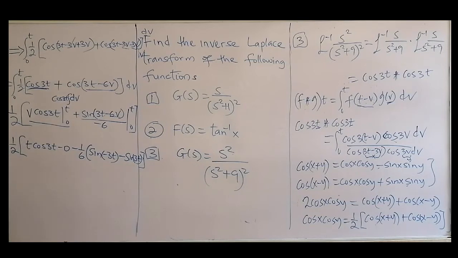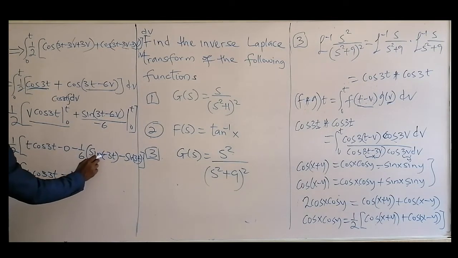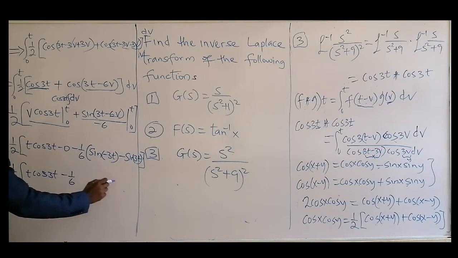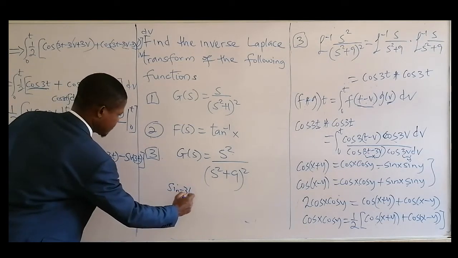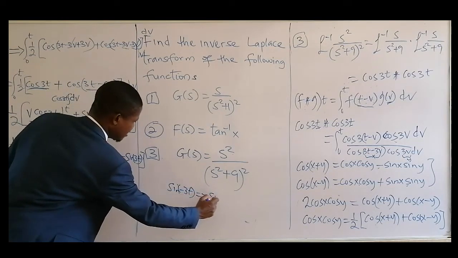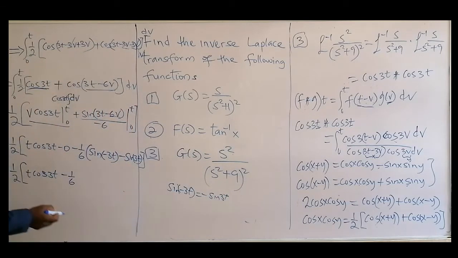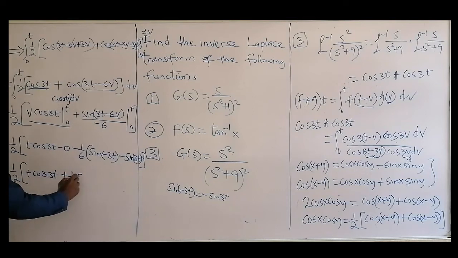So we now have one half into the bracket t cos 3t minus 1 over 6 times the sine term. You have to know that sine of minus 3t is the same thing as minus sine 3t, so the minus becomes plus sine 3t.